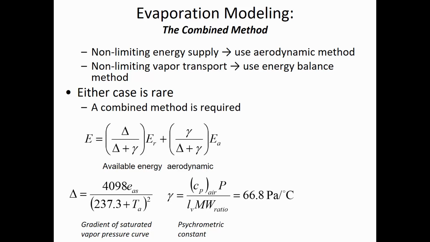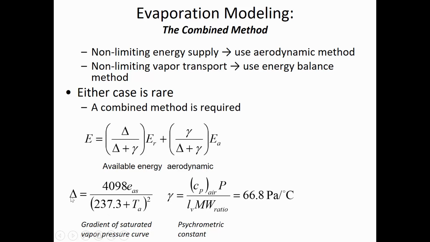But if you are doing evaporation in like a high mountain lake and you actually had changes in air pressure, and if you had a water temperature that was pretty outside of the normal... this value of 66.8 pascals per degree Celsius is for a typical water temperature and sea level conditions, where the molecular weight ratio of air to water has been calculated, and that would be a constant regardless of where you're at.